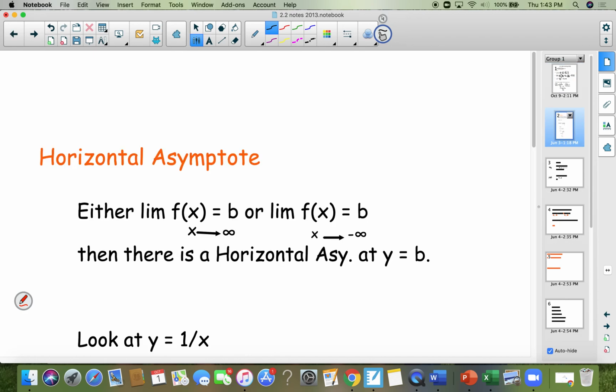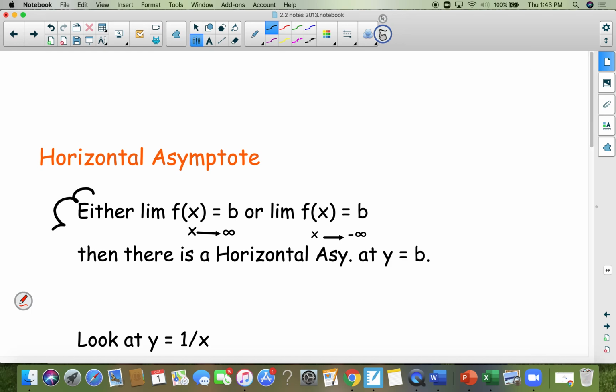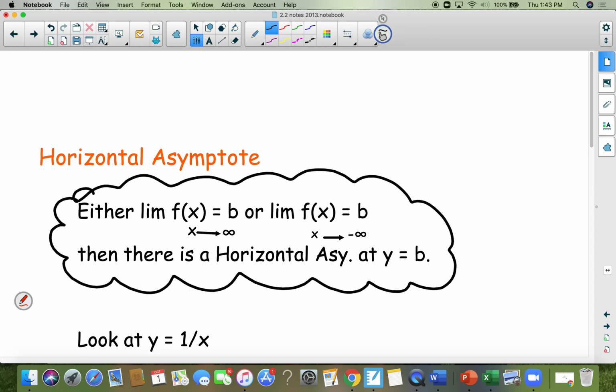Okay, now comes the calculus version of a horizontal asymptote. So you already know the college algebra version of an asymptote. This is the formula, so make sure you know this formula. Let's read it here. The limit of some function, correct? We don't know what the shape looks like, but it's some graph.